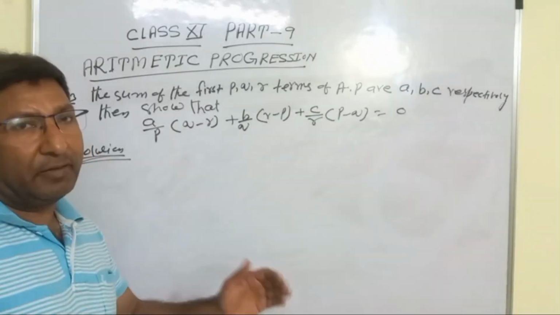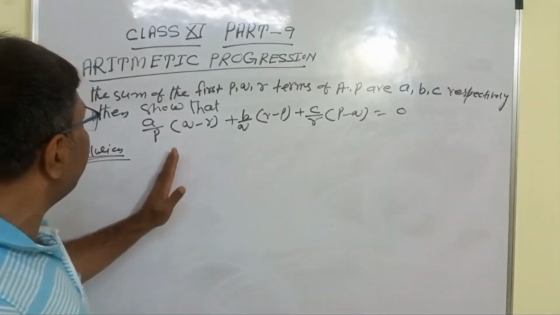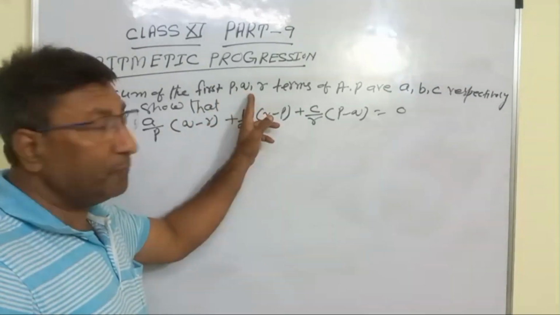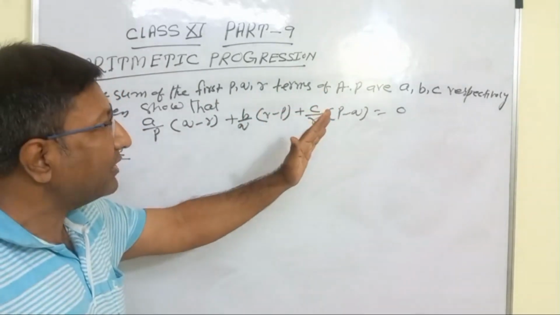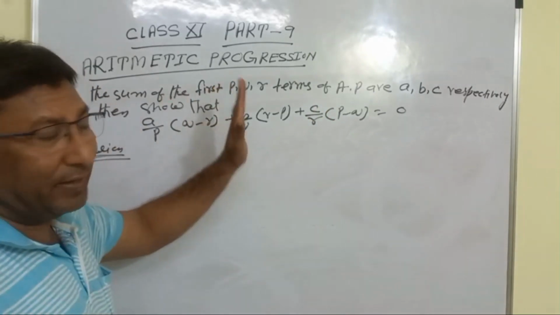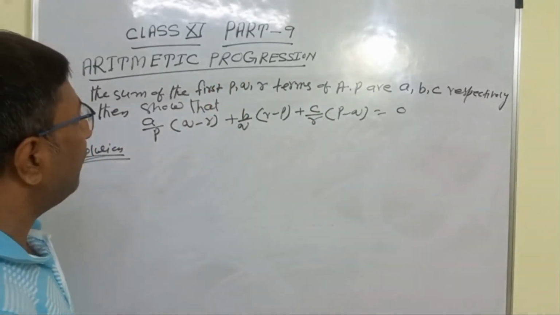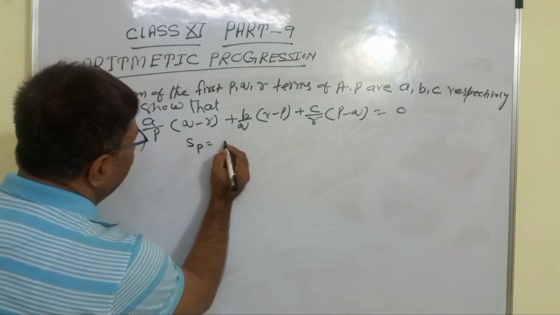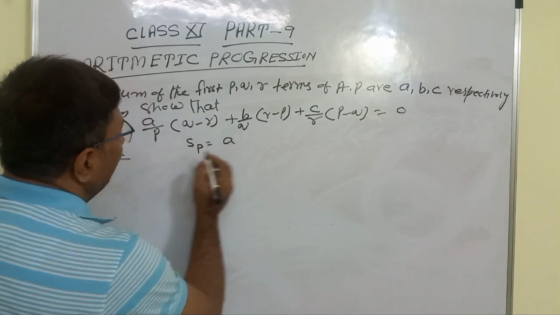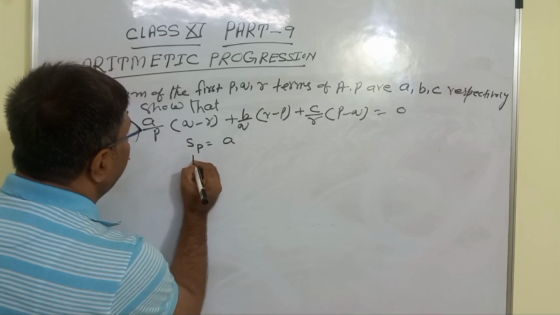Now see the third question. The third question is: the sums of the first p, q, r terms of an AP are a, b, c respectively. Then show that... So it is given the sum of first p terms. That means SP equals, given, what? A. And you know the SP formula is what? n by 2.